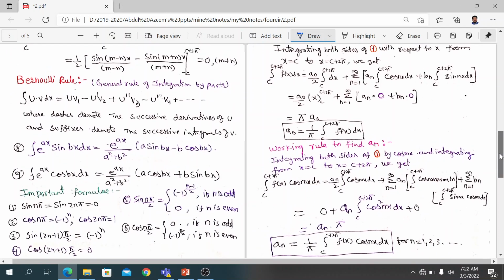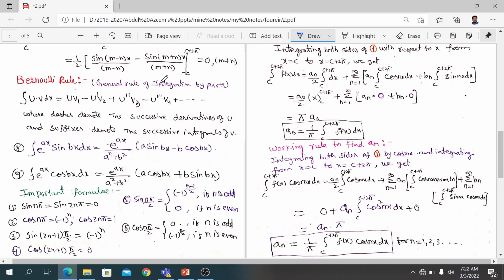Next thing also, Bernoulli's rule. So what is Bernoulli's rule? We have already seen it in our previous video. It is a general rule for integration by parts.